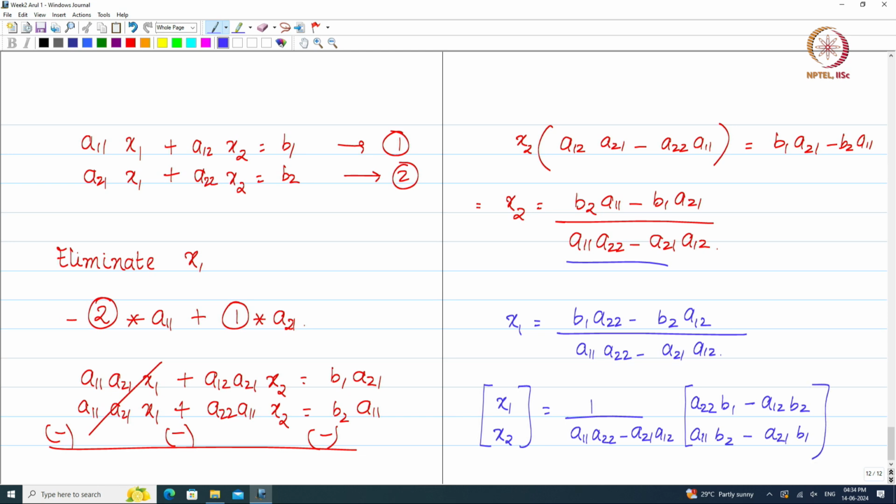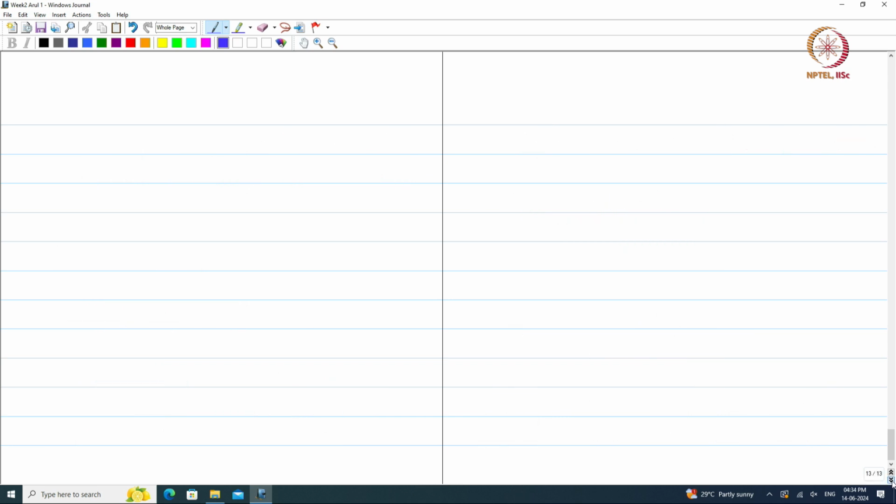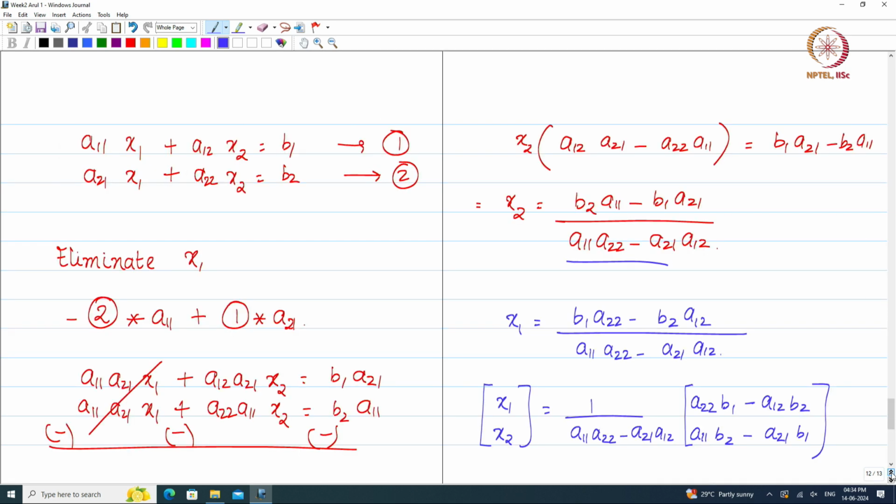Still we do not see the matrix form like what we had, x is equal to A inverse B. So, let us see what happens there. So, I have x1 x2 is equal to 1 by a11 a22 minus a12 a21. If you look at this, I can pull out my b1 and b2 here, and what do I have here?